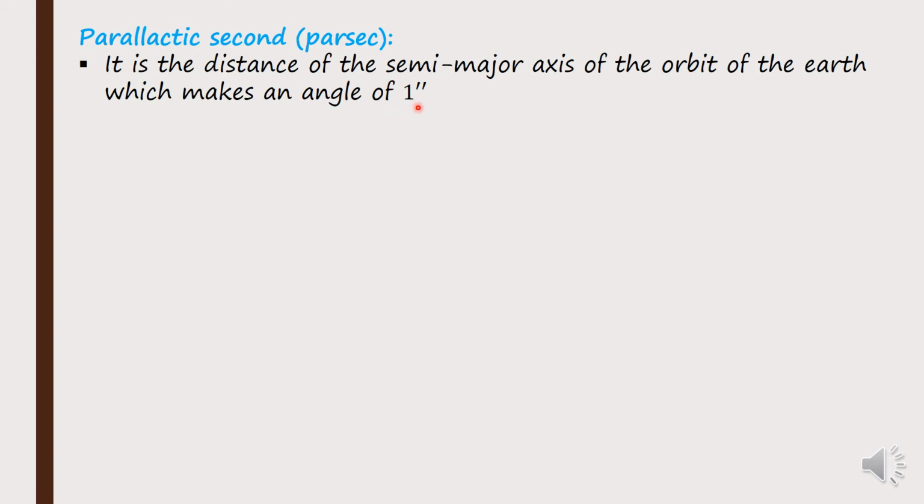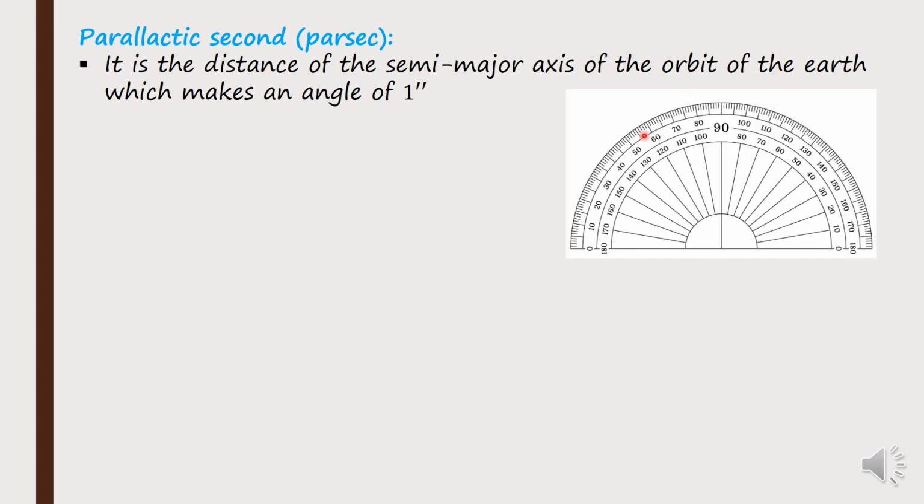So now to understand this more properly, first you see what parallactic second or parsec means. It is the distance of the semi-major axis of the orbit of the Earth, which makes an angle of 1 second. Now what do semi-major axis and orbit of the Earth mean? That we'll understand.